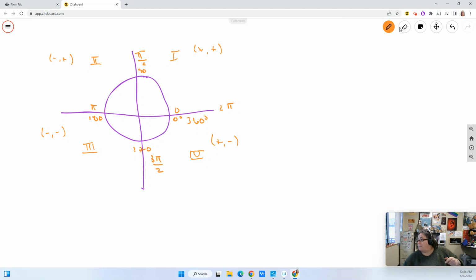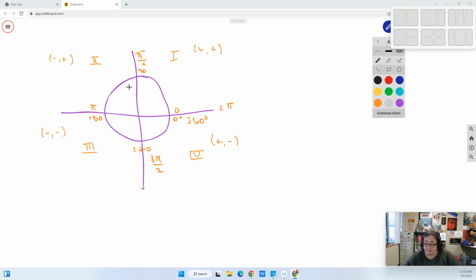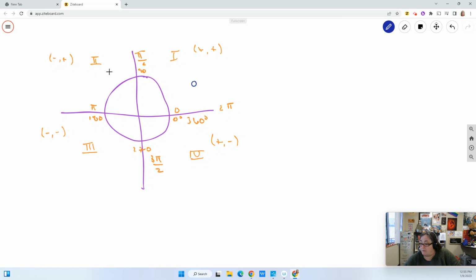So in terms of radians, that still kind of plays out, only we're not talking about degrees anymore. We're saying that any theta, any angle between 0 and pi over 2 fits in this quadrant.